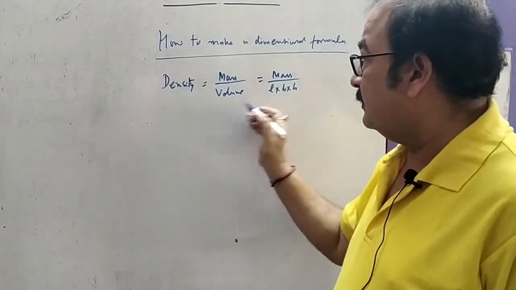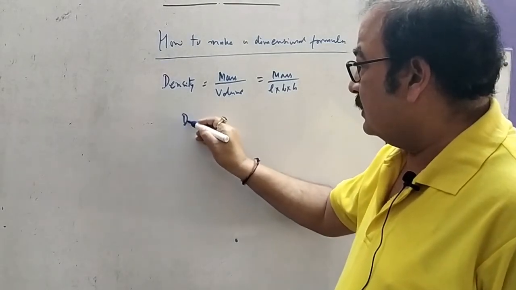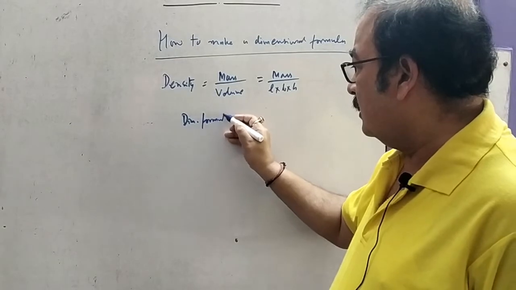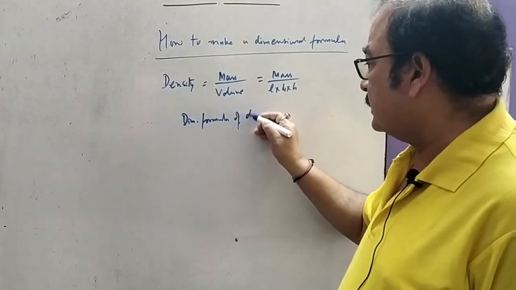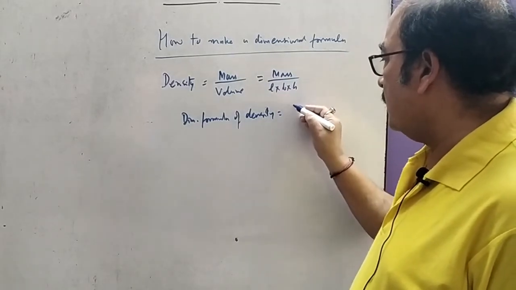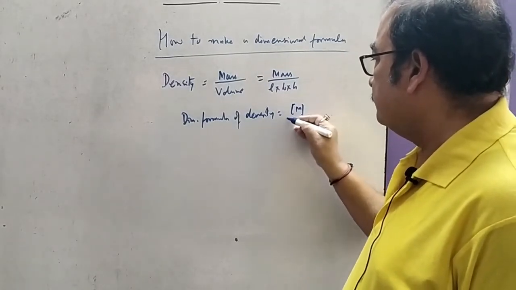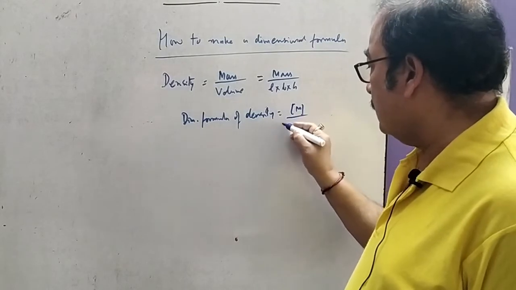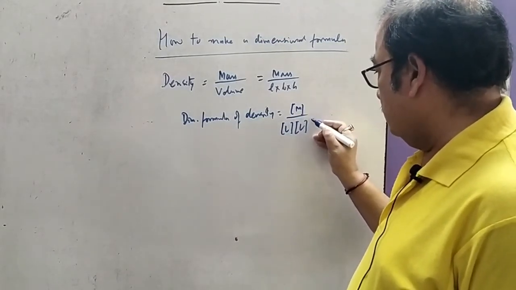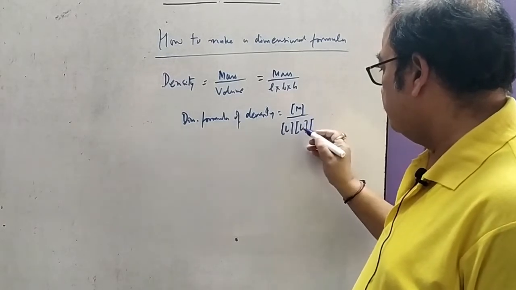Clear? Then we write the dimensional formula of density. The dimensional symbol of mass is M, of length is L, breadth is also length, and height is also length.